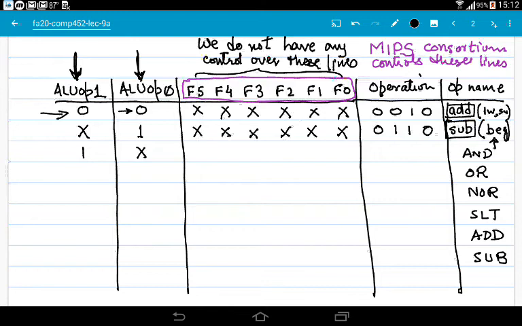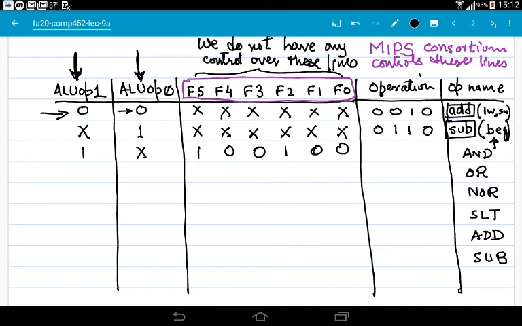Now for the AND operation, the function code bit is hex 24. So hex 24 means 100100. I'm sorry, this is 24 in hex.